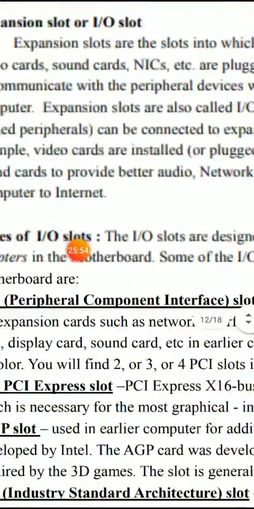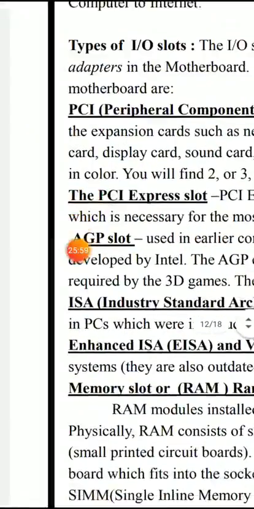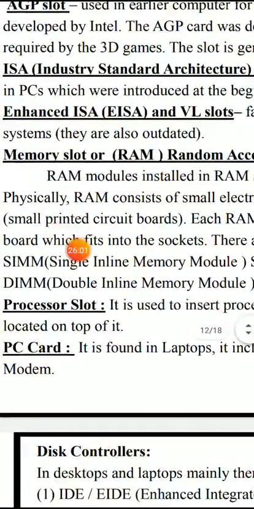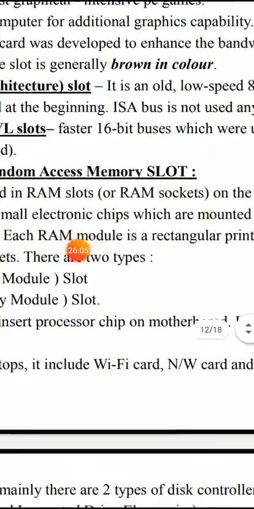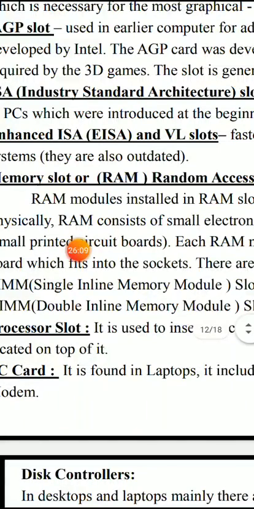So RAM consists of small electronic chips which are mounted on modules. The provision on the motherboard of a computer system where you can connect the RAM chip is called a RAM chip slot.